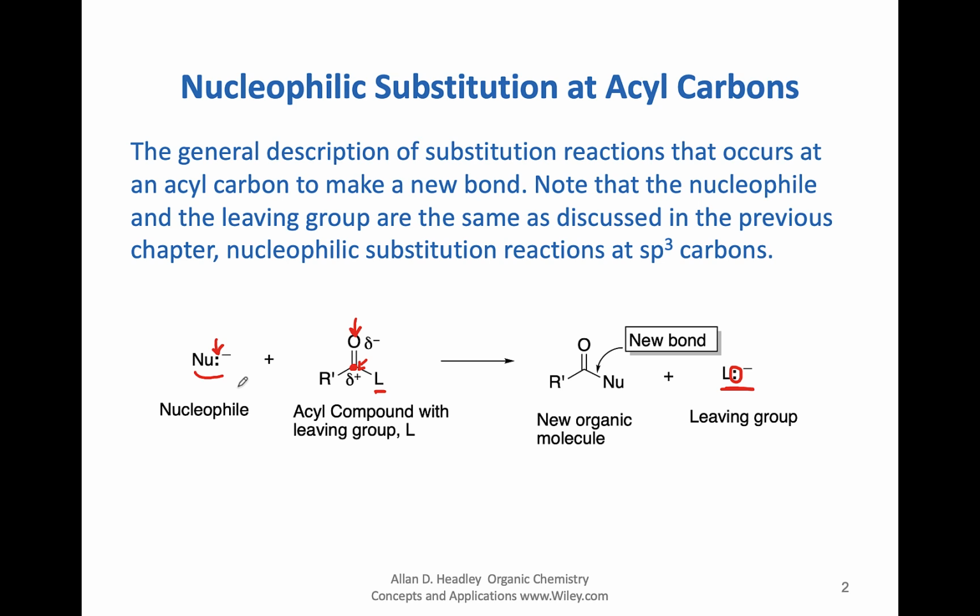So the substitution reaction is the nucleophile substitutes for L to form a new molecule with a new bond, as you've seen here. Note again, the electrons in this bond are coming from the nucleophile because the leaving group takes its bonding electrons. So that's an overall view of nucleophilic substitutions at acyl carbons.